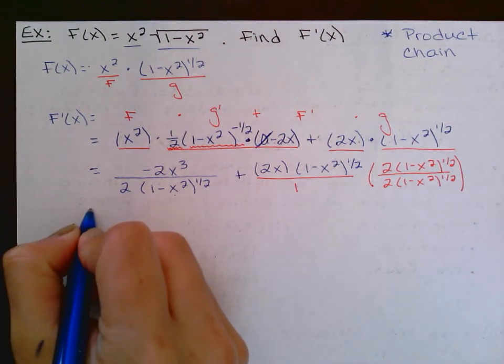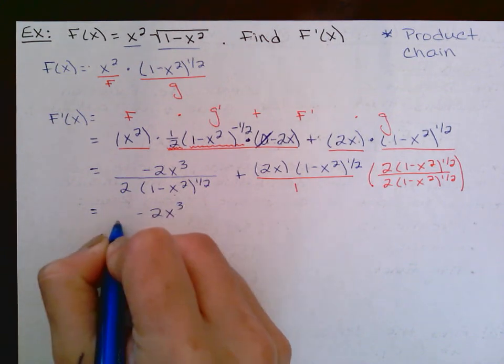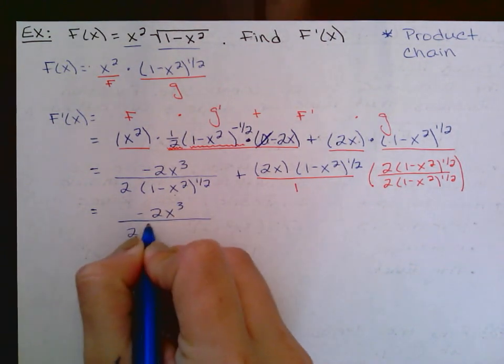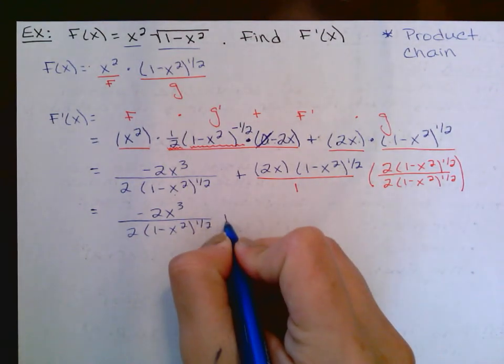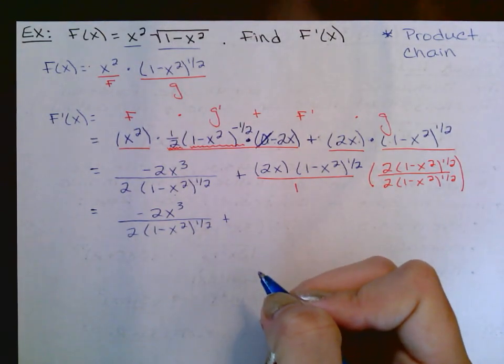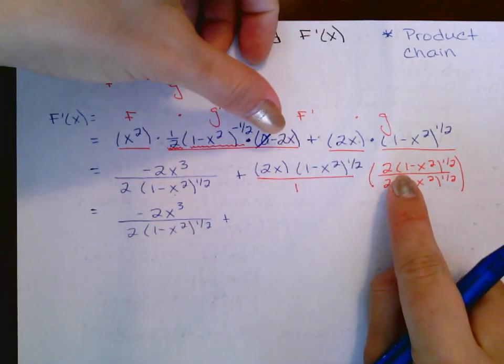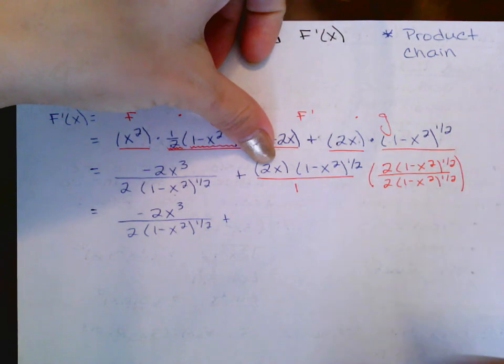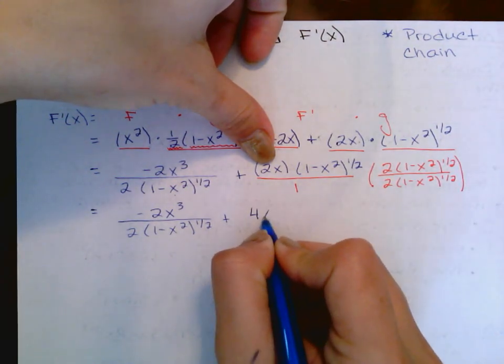So now I have, I'm going to rewrite this left side. Okay, if I'm multiplying this to the top, I should end up here. 2x times 2 is going to be 4x.